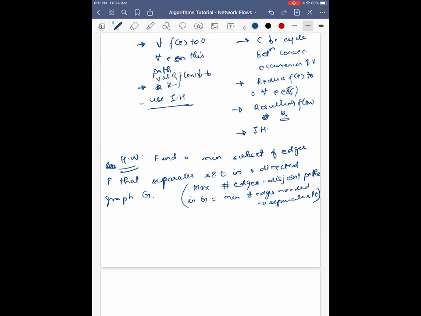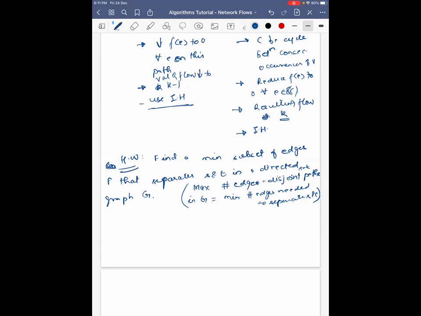It's not very difficult to prove it using this max flow min cut framework that we have seen just now. So the maximum number of edge disjoint S-T paths in a directed graph G is equal to the minimum number of edges needed to separate S and T in G.